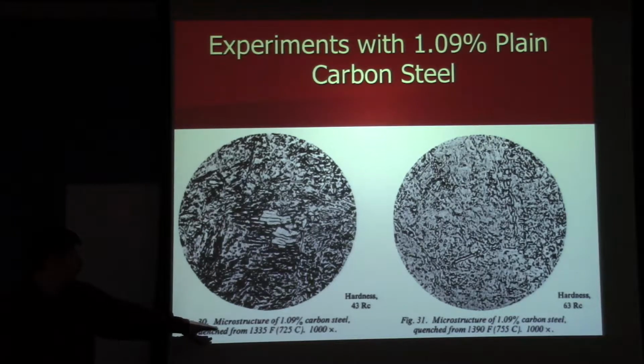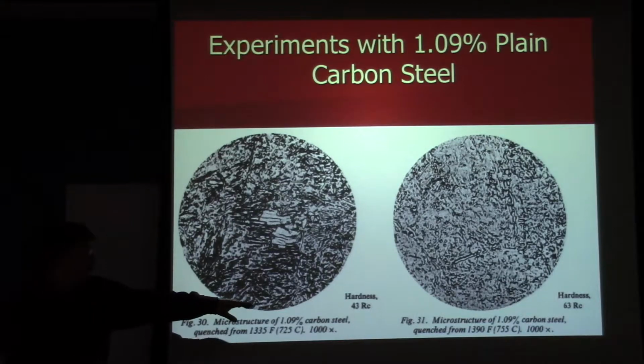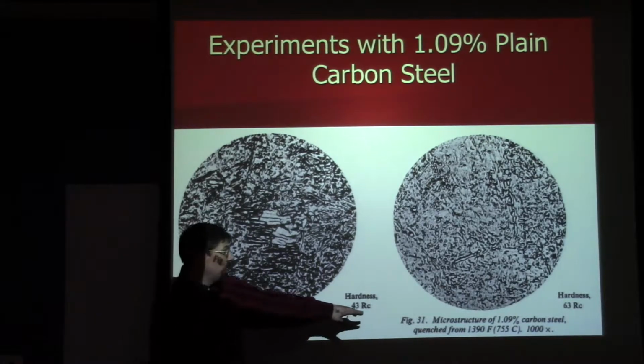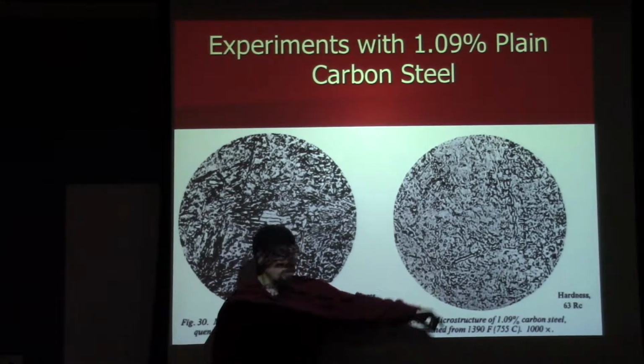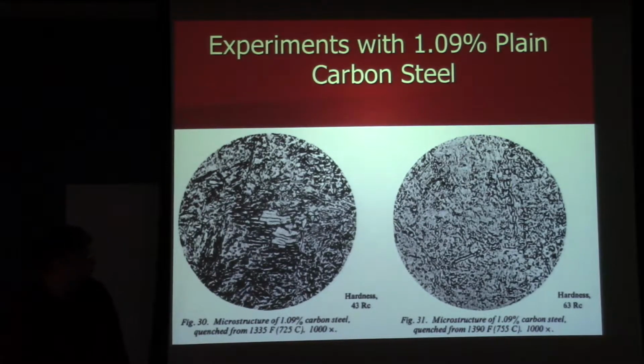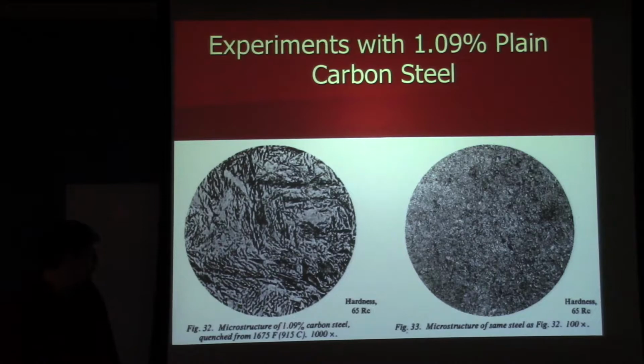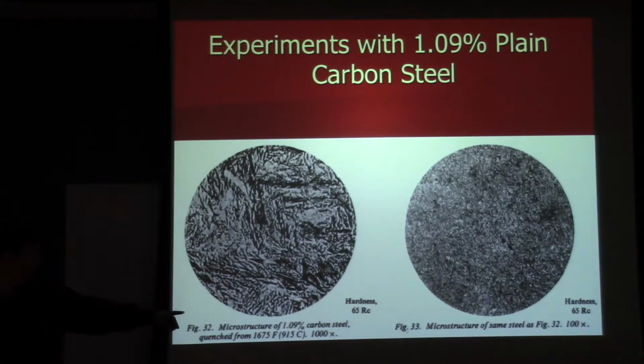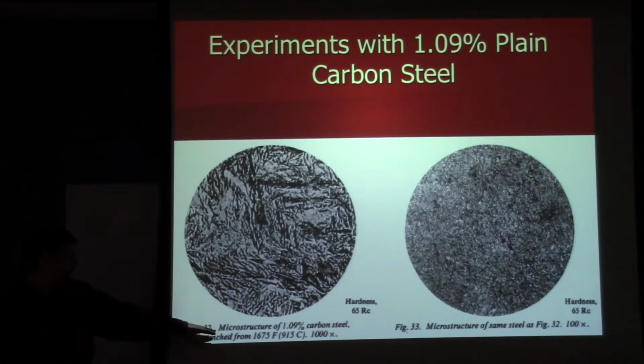Now at 1335, he's getting quite a jump. He's up to 43. And then at 1390, he's all the way up to Rockwell 63. That's the highest hardness value that we've seen so far in this set of experiments. And 65, when he's heated all the way up to 1675.